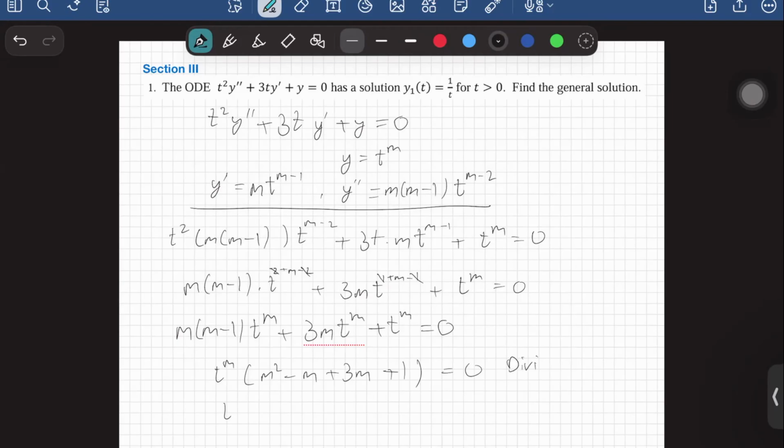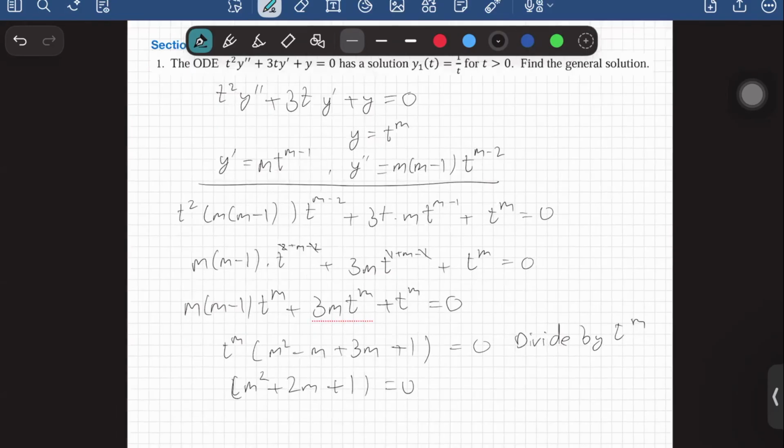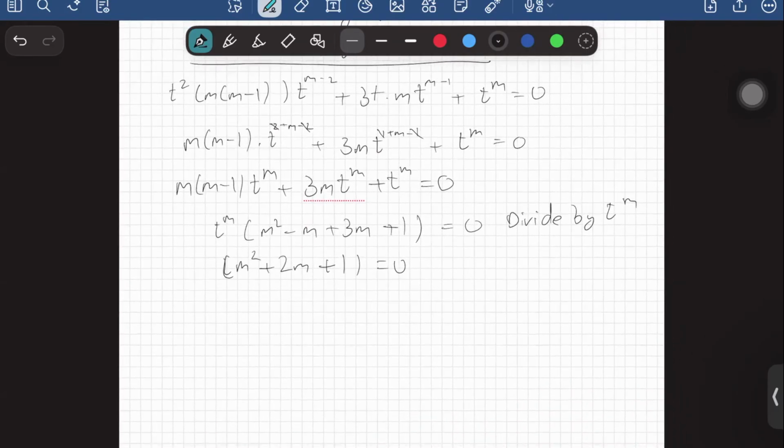If we divide by t to the m, we just lose it, right? And that gives us m squared plus 2m plus 1. I think this is one of the quadratic forms that we've seen before as well.